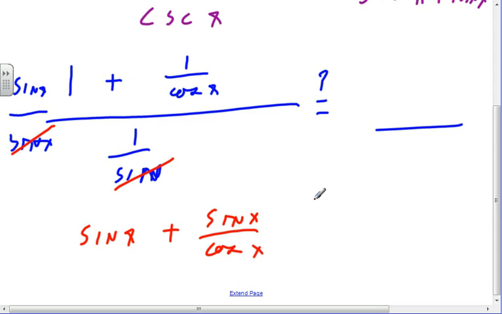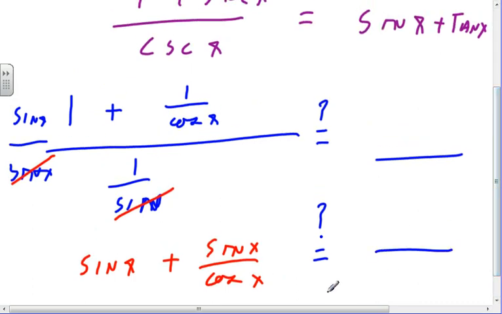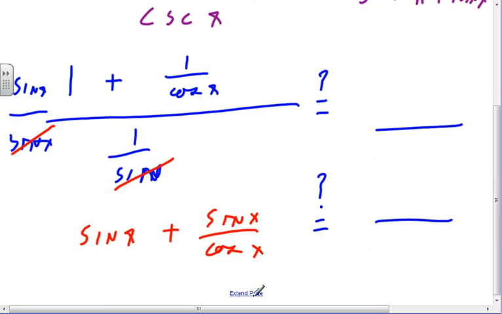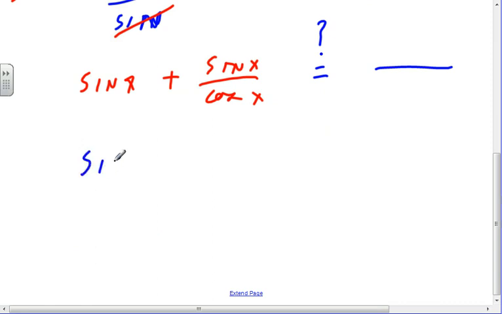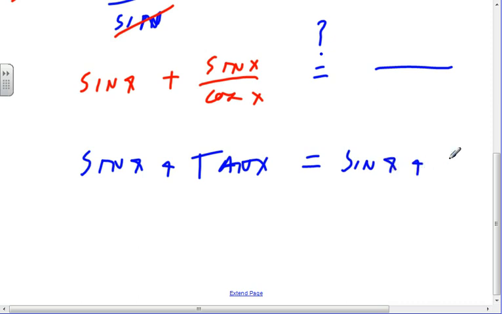Now there's no technical reason you have to put in as many lines of code as I'm using, and it's supposed to be whatever it is on the other side. And oh, look at that, isn't that cute? Sine x and sine over cosine is tangent x, and that in fact does equal sine x plus tangent x. So another lucky guess, and it worked out fine.